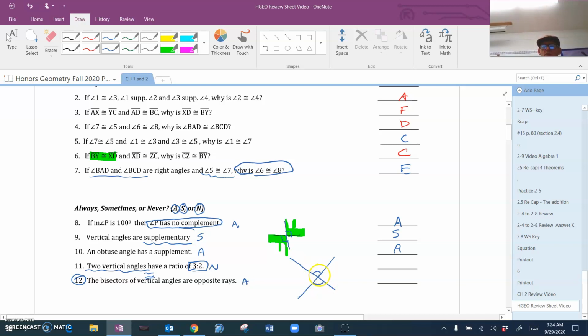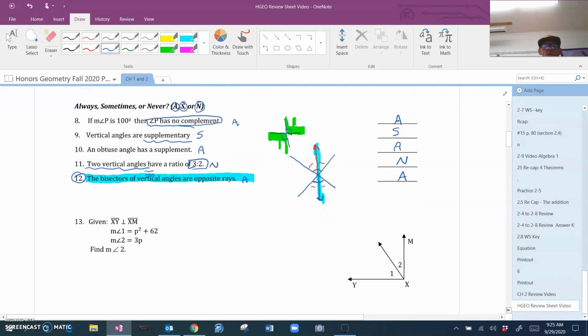Now, if I bisected this one, and then I bisected the other one, cut the angles in half, that means bisect, these two would be opposite rays. The bisectors of vertical angles are opposite rays is always true. So the last two are never and always.